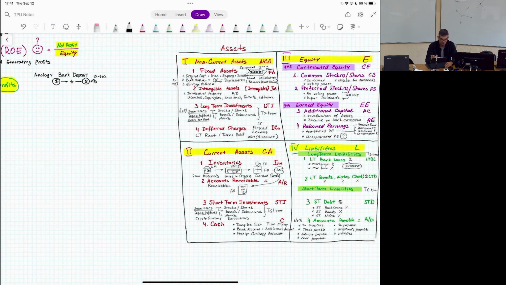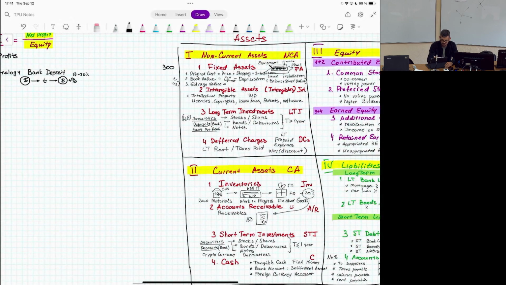Fixed assets. Let's have the fixed assets at the level of 300. 300 for fixed assets. Intangible assets will be 50. Long-term investments will be 80. And deferred charges will be 20. Okay, now I need your help. If fixed assets is 300, intangible assets 50, long-term investments 80, and deferred charges 20, how much will be the non-current assets?